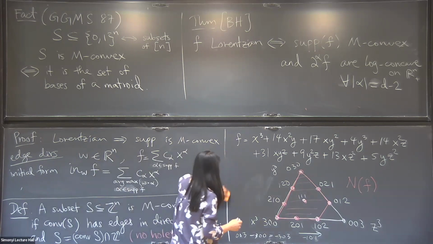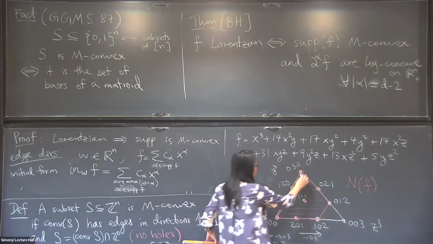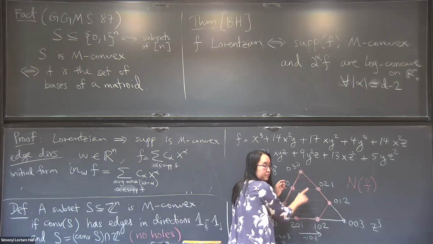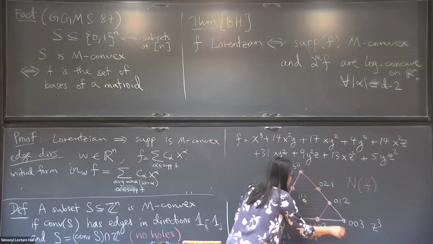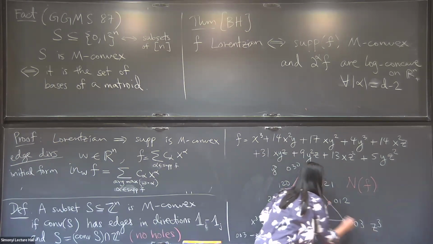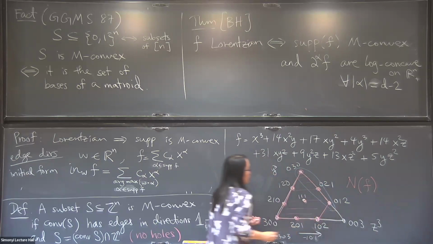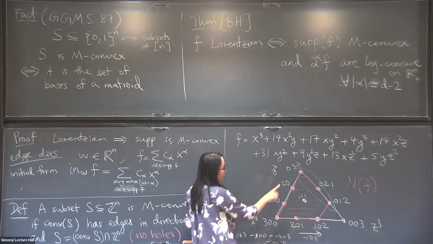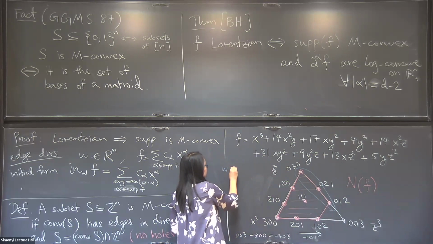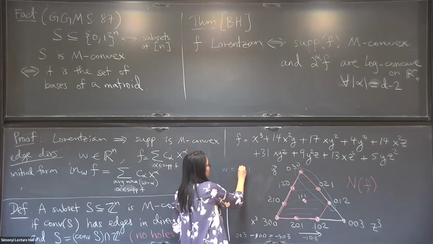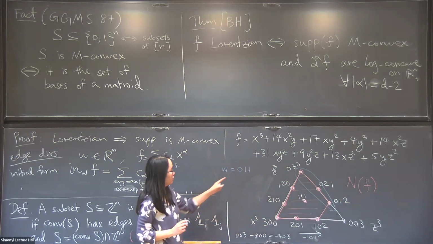Let's do it in the example. If I want to pick out this blue edge, I take w to be (0,1,1).